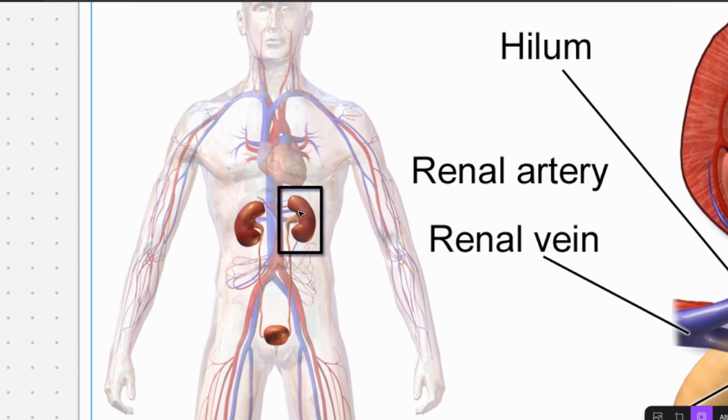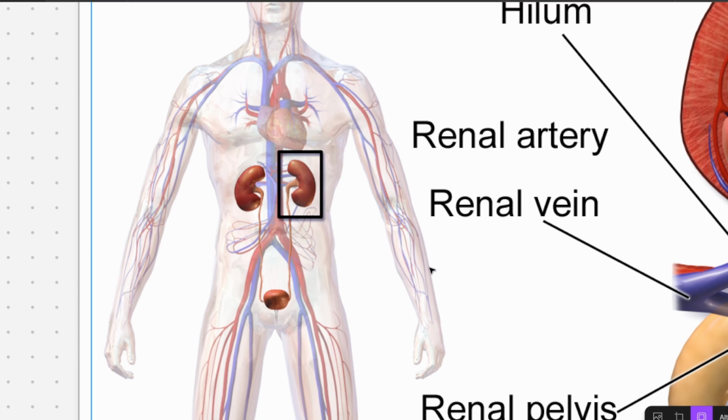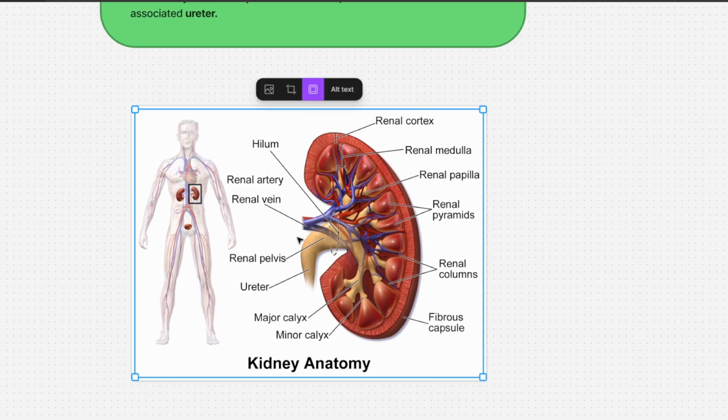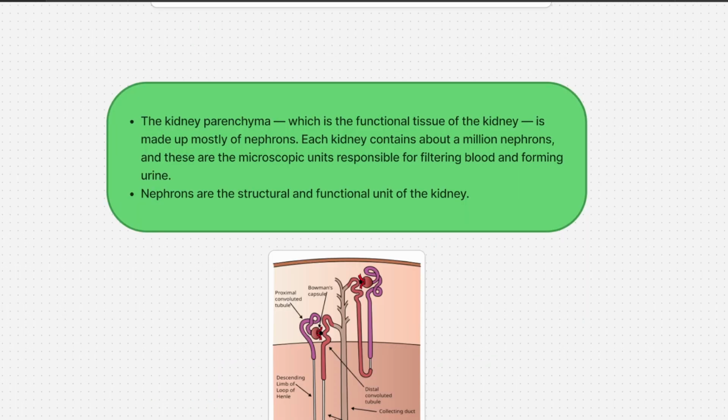And you can see here the two kidneys, and this is the renal pelvis, and the renal pelvis continues on to be the ureter, until we reach here, the bladder, and then the urethra, and then micturition happens.